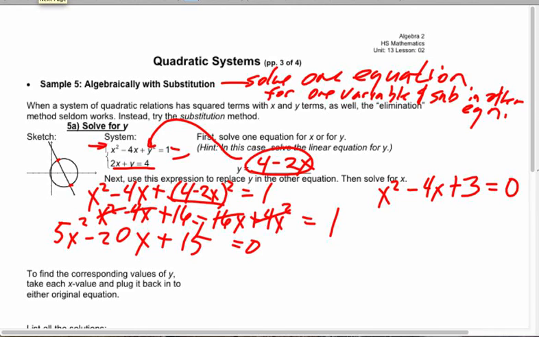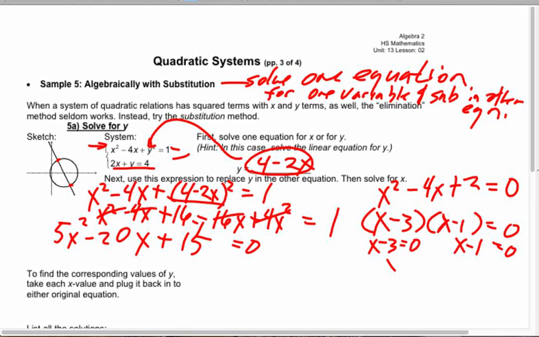And so now let's see if we can factor this thing, and sure enough, we can. This becomes (x minus 3)(x minus 1) equals 0. So I solve x minus 3 equals 0, x minus 1 equals 0, x equals 3, x equals 1.